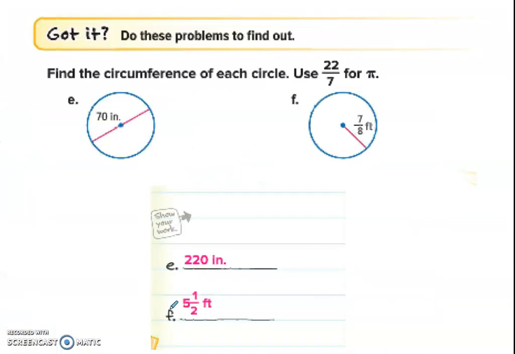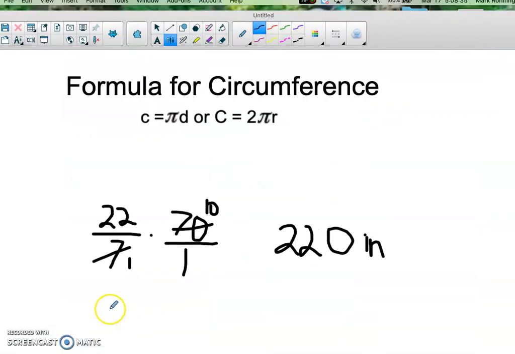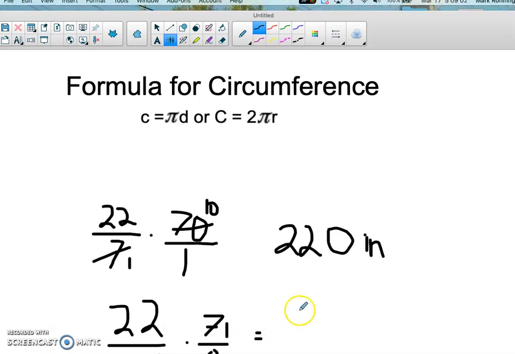Now, the next one was 7/8, so let's do 22 sevenths times 7/8, which then would leave us, 7 goes into itself once, 7 goes into itself once, so that is equal to 22 over 8.